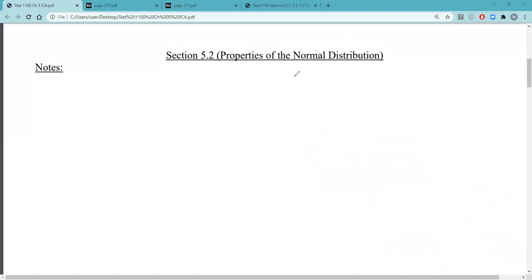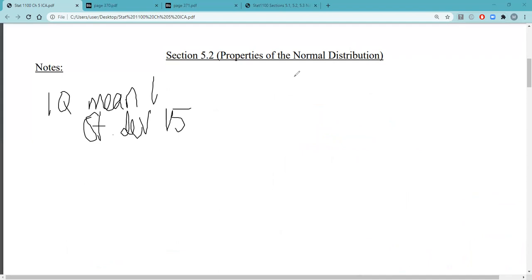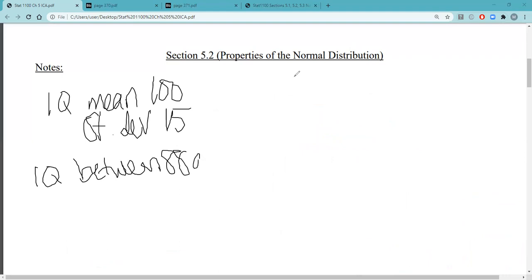And we're still working with that same data set, so the same IQ, mean, and standard deviation. But now I want to find the probability of finding somebody with an IQ between 88 and 127. So again, remember that we're looking for the z-score first of both of these.